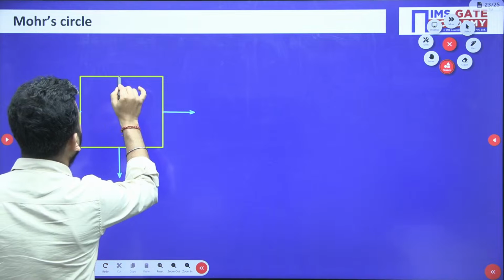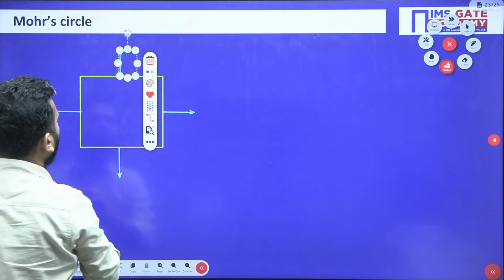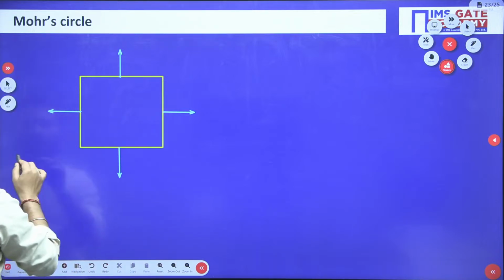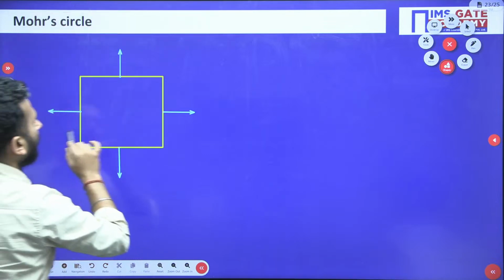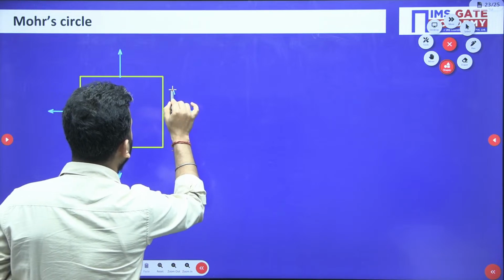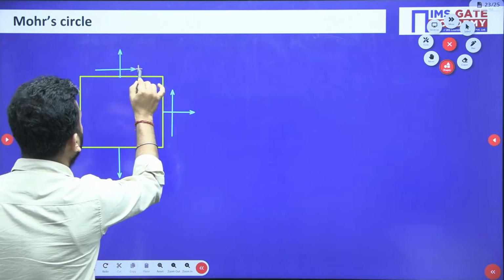And this thing now we will see with the help of circles. So these are the normal stresses that I have shown. For shear stress, okay, shear stress also we are representing.